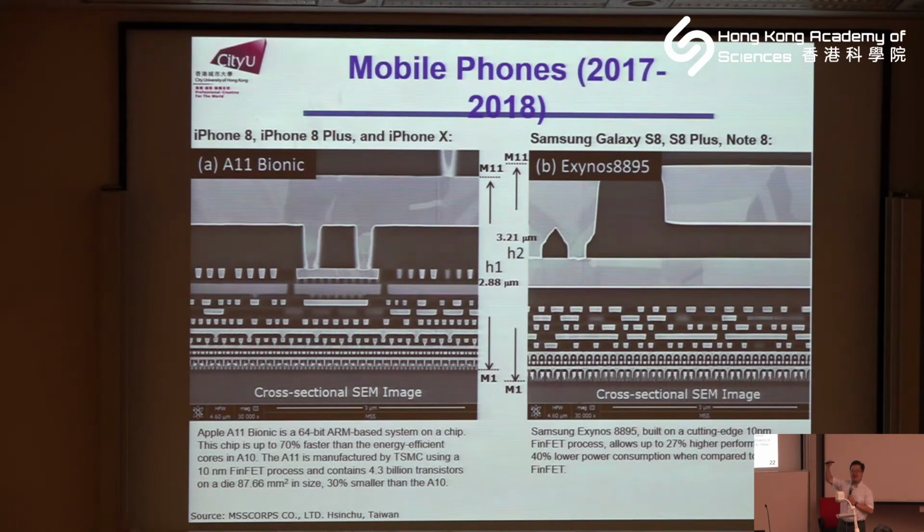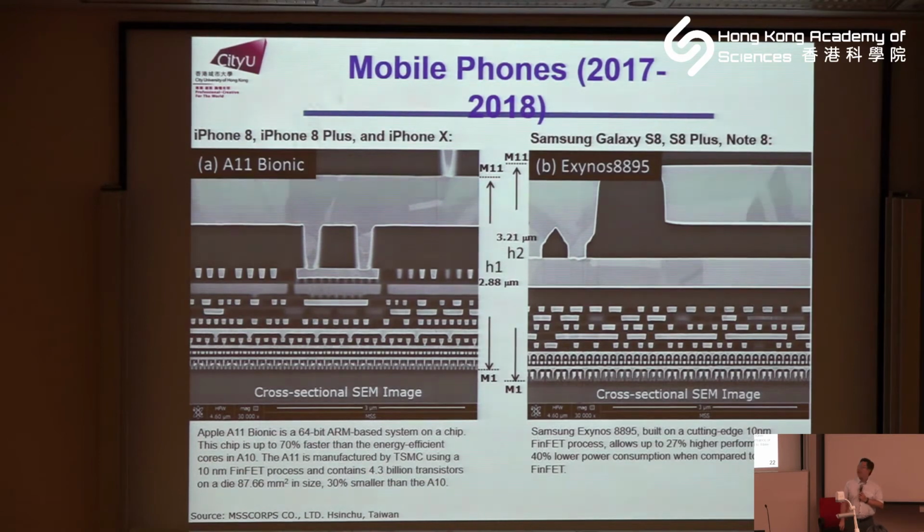They need to be dependent because they are talking to each other to form circuits, right? And all this constitutes 2.88 micron. Okay, 1 micron is 10 to the power of -6 meters, and 1 nano is 10 to the power of -9. So if you convert into nanometers, here is 2,880 nanometers. And in this roughly 3,000 nanometers, we have 11 layers of metal.